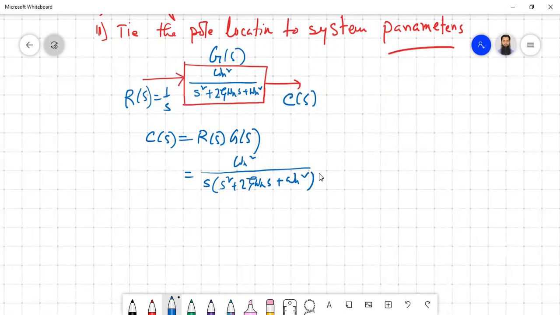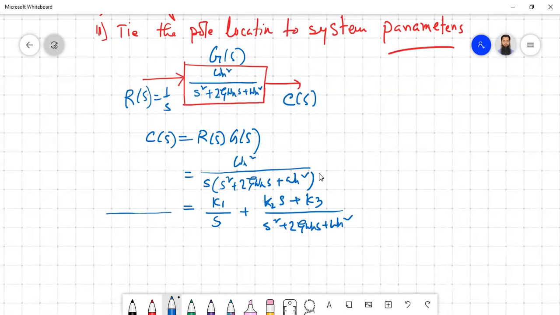Now we know that we have to do the partial fraction expansion: k1 by s plus k2 s plus k3 divided by s squared plus twice zeta omega n s plus omega n squared.